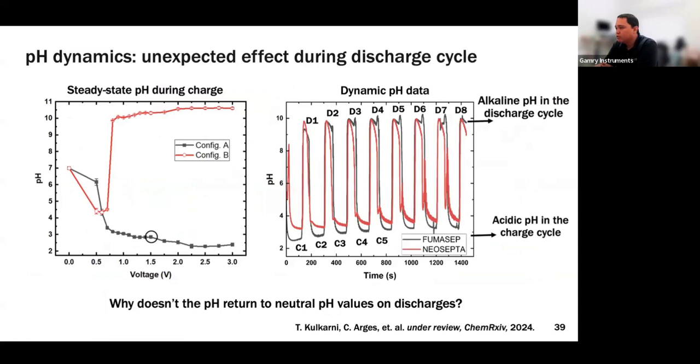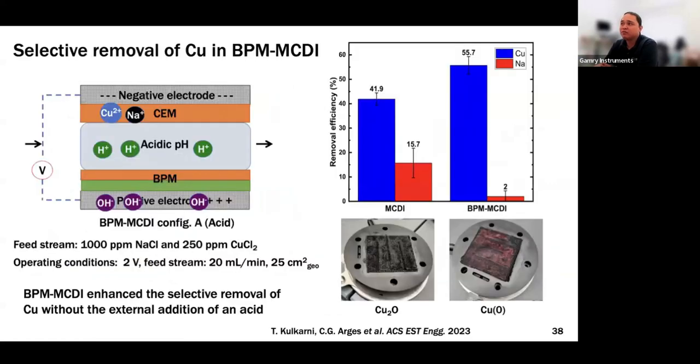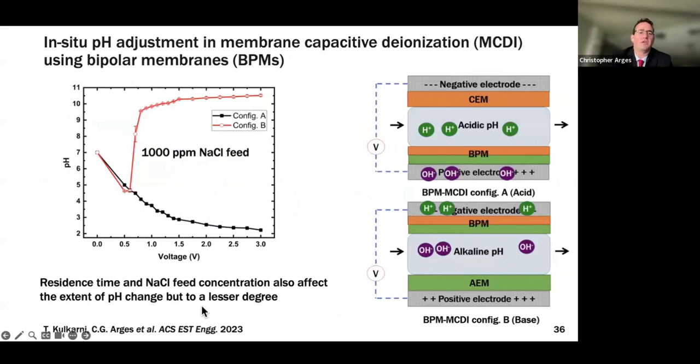A follow-up question was, did you study the effect of flow rate in these systems, because of the mixing effect as you flow through? Yeah, that's a great question. Not extensively. We call it residence time, how long the solution sits within this cell, and it depends on the flow rate. If you take the volume divided by the flow rate, it gives you the residence time.